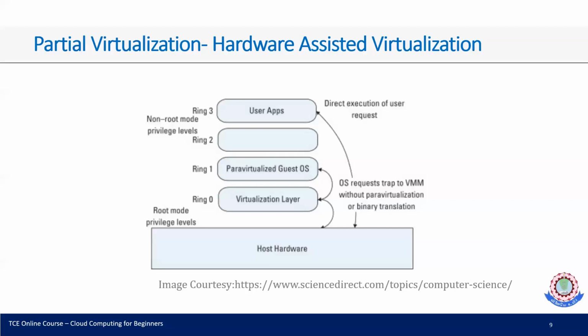Privileged and sensitive calls are automatically set to trap to the hypervisor and handle the hardware with no need of binary translation or para-virtualization. This is mainly to separate the protection rings. The 2 separations are executed by individual hardware. When using Intel and AMD, this will take place.